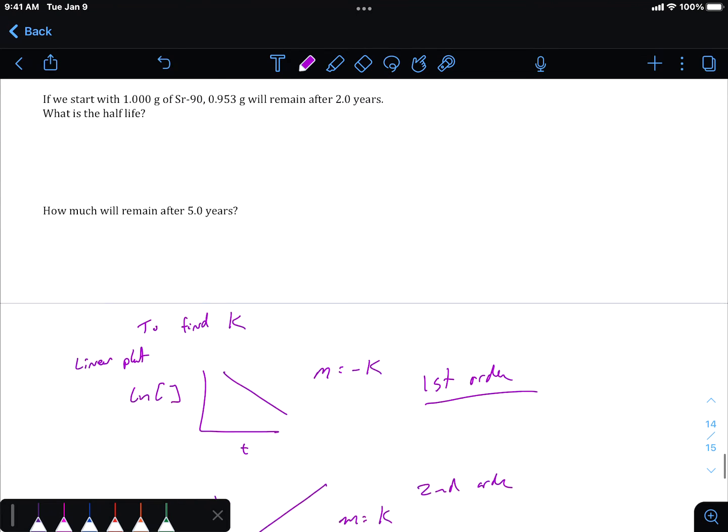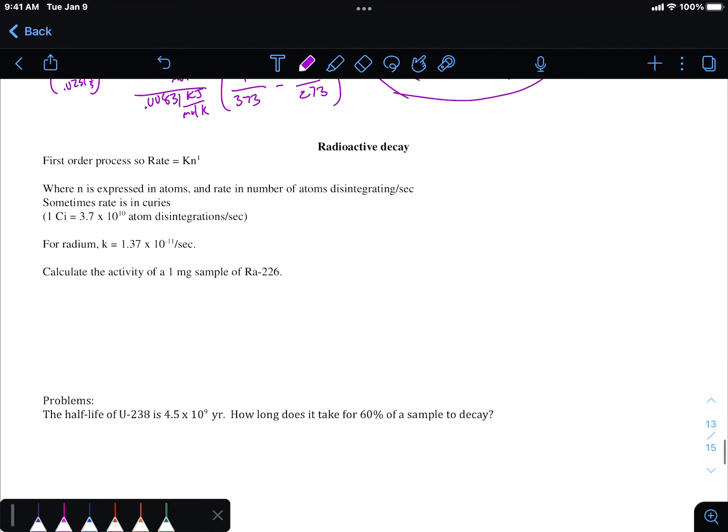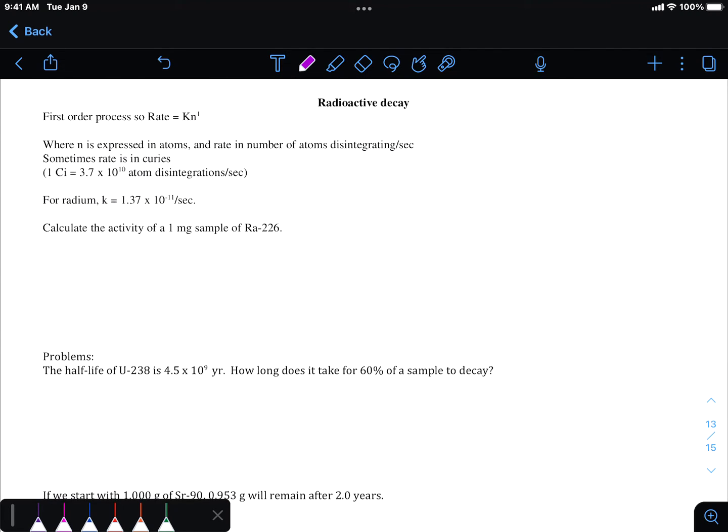All right. So let's talk about radioactive decay real quick. This is a more extensive unit. Sophomore year, we don't really cover this too much. But when we're talking about radioactive decay, the basic idea is this. The nucleus of an atom may or may not be stable.